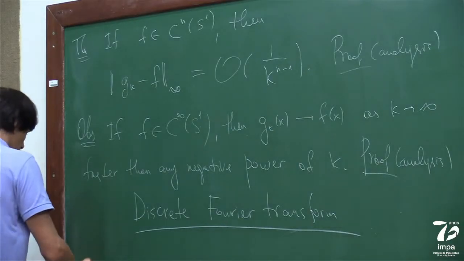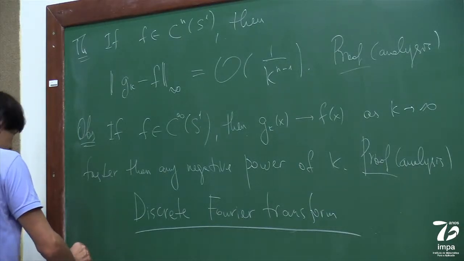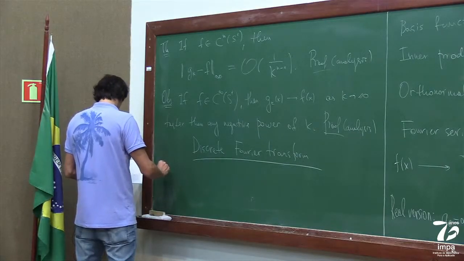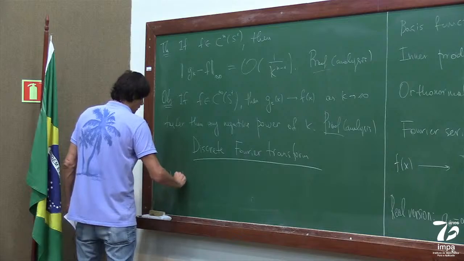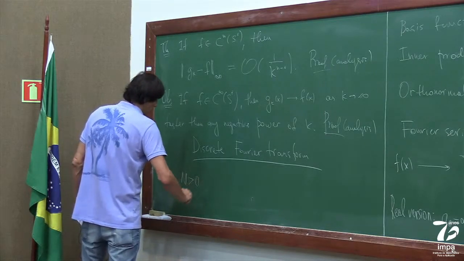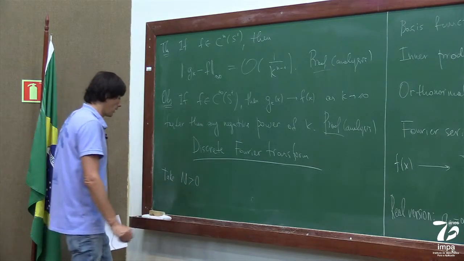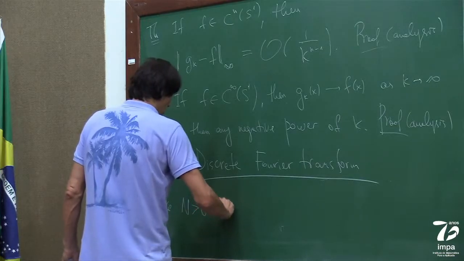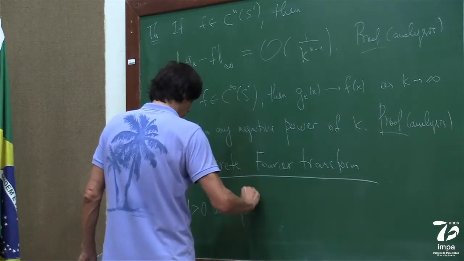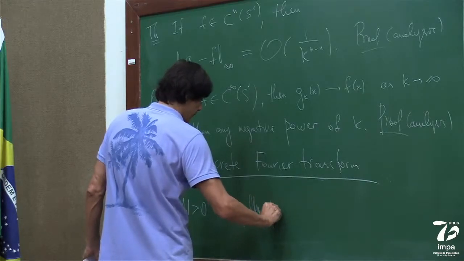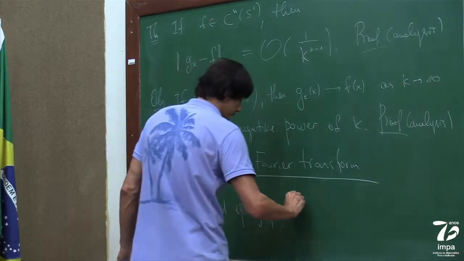So what we do, we take an integer number n and equally spaced points.